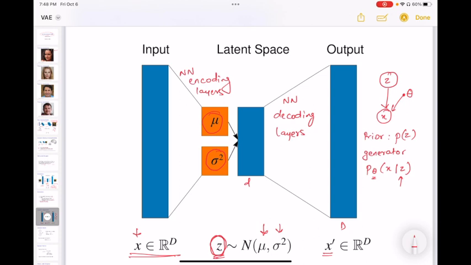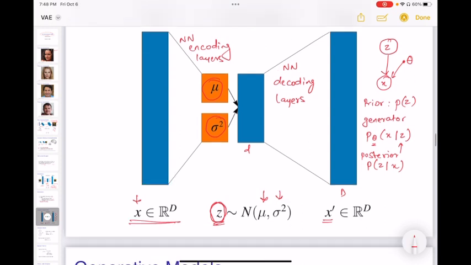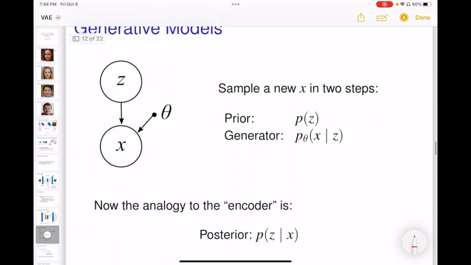And here the posterior that we are trying to get at is P of Z given X, and that is the posterior of this overall setup.